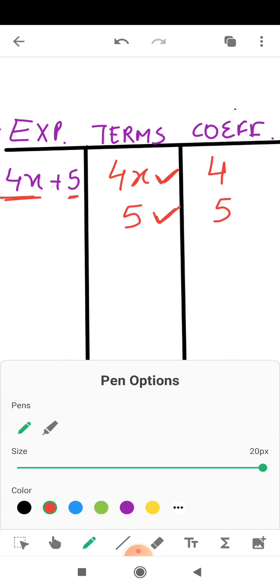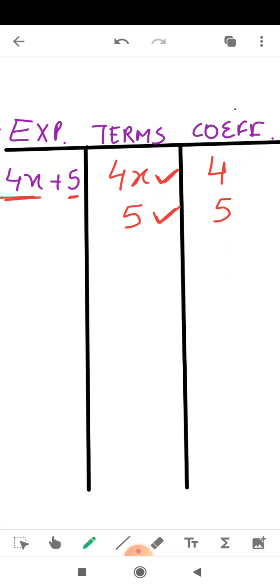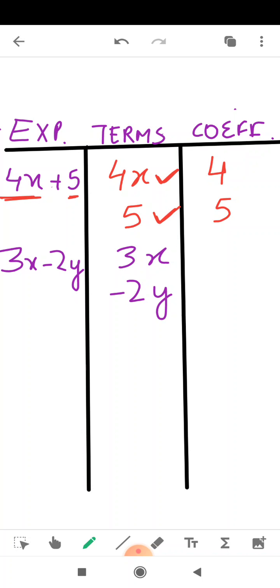Let us take up another example. Suppose we have 3x minus 2y. This is the expression. Now the terms in this expression are 3x is the first term and minus 2y is the second term. As I told you, the terms are separated by minus sign or plus sign. So these are the two terms.